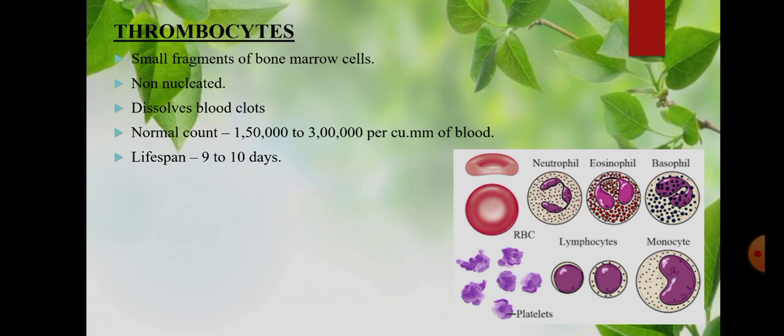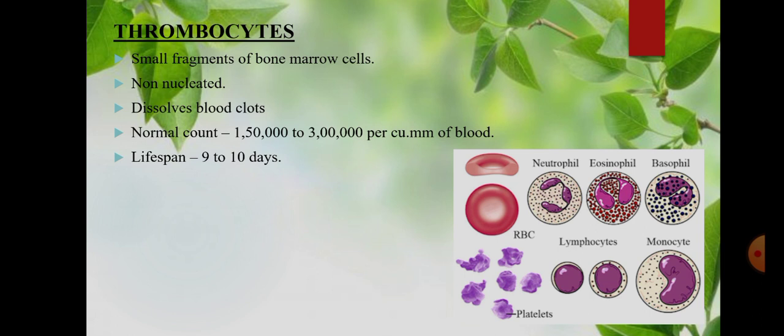Okay, so 1.5 to 3 lakh per cubic millimeter of blood, that is the normal count, and the lifespan is 9 to 10 days, and the function is to dissolve blood clots.